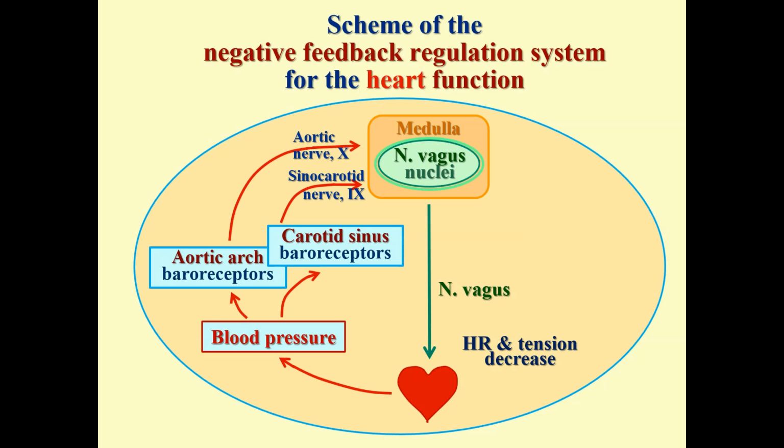The presence of resting activity of the vagus nuclei on the heart we can observe if we block the vagus. In experiments in animals, the nerves can be simply cut, but they can also be blocked by pharmacological influences, like a muscarinic receptor block.